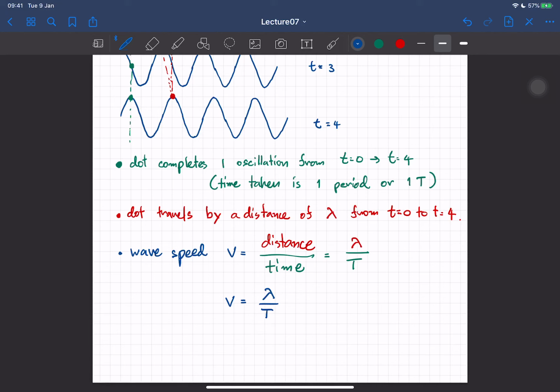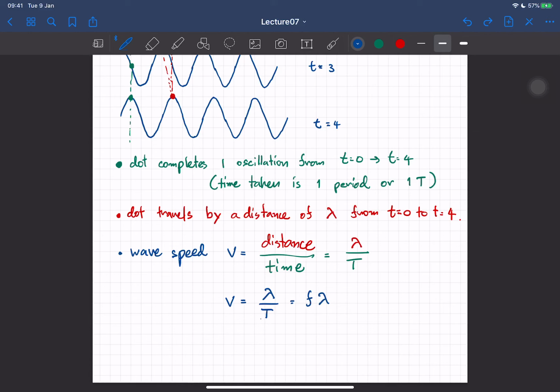And most of the time, actually, instead of period, we use the frequency of the wave. Okay, so frequency is just 1 over the period. So that's why most of the time, some of you might have seen this already, you're going to see this formula here, v equal to f lambda. It's a little bit hard to understand why frequency appears here, right?